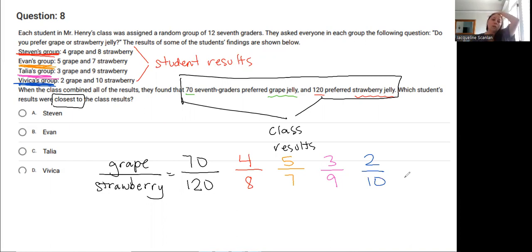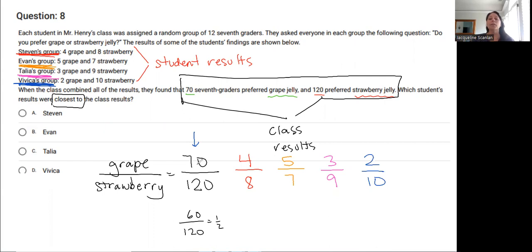All right. So what I could do is, if I'm pretty decent at math, I can look at this original fraction and say, what's that close to? What is this really meaning, 70 out of 120? And maybe I would come to the conclusion that 60 out of 120 is half. Right? 60 out of 120 is 1/2.